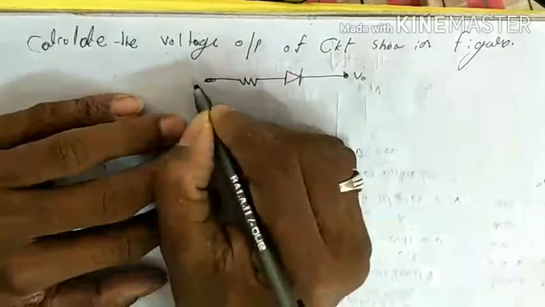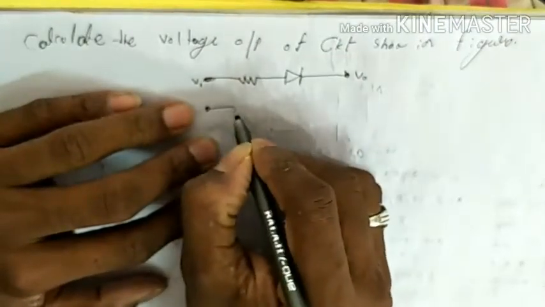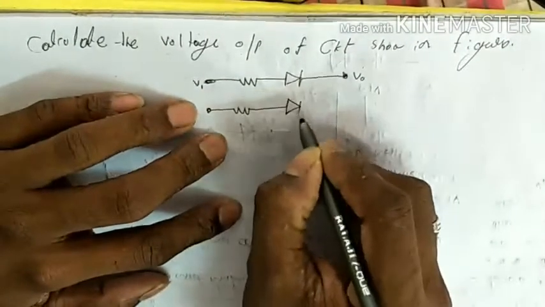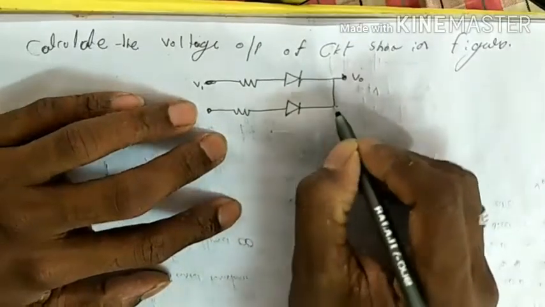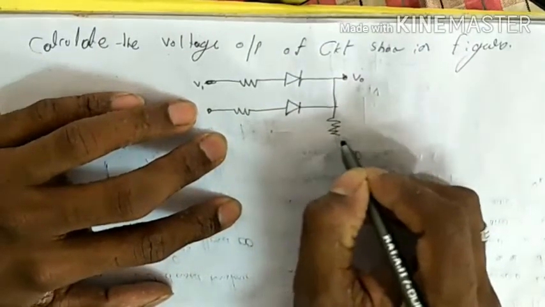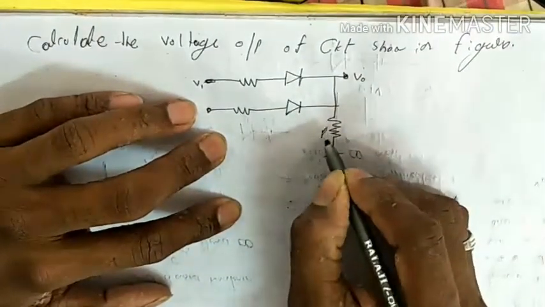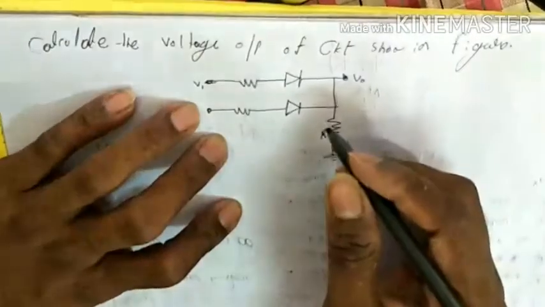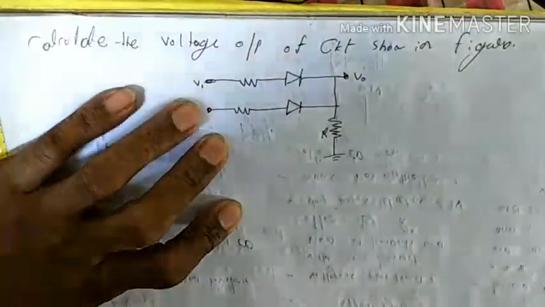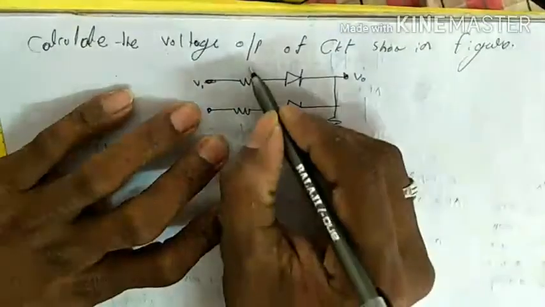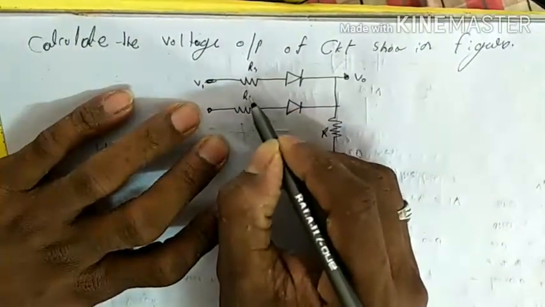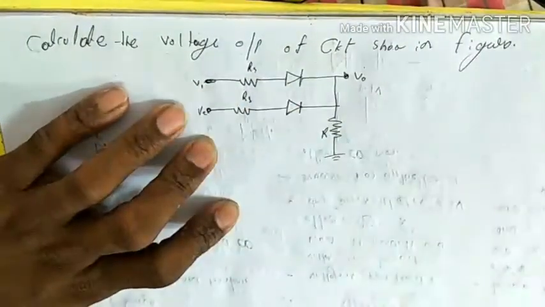This is Vout, this one is V1. This is R. This one is RS and this one is RS. This is V2.